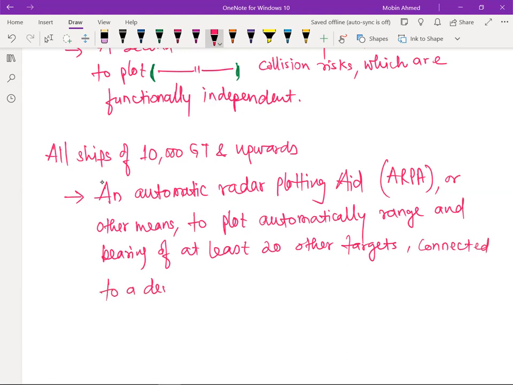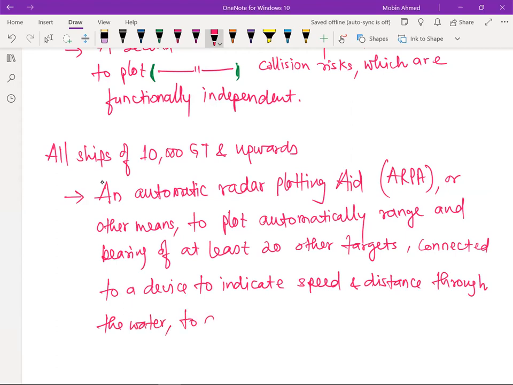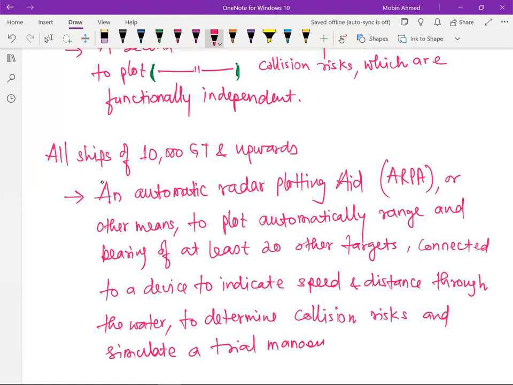Connected to a device to indicate speed and distance through the water, to determine collision risks and simulate a trial maneuver.